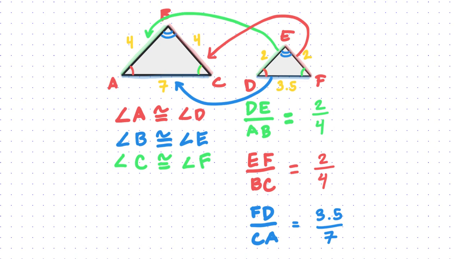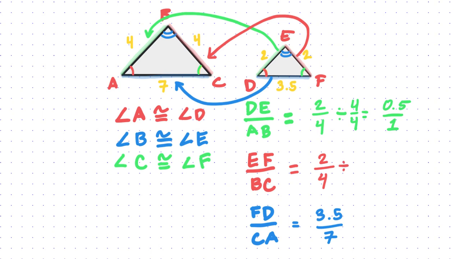So I'm going to try and simplify these ratios to see if they do in fact represent the same ratio. In order to do that, I can divide this first ratio by 4/4 to get the ratio 0.5 to 1, meaning that every 0.5 units of side DE equals 1 unit of side AB.